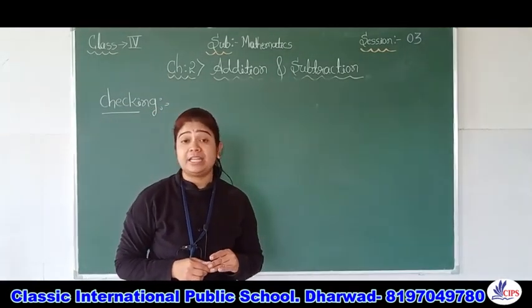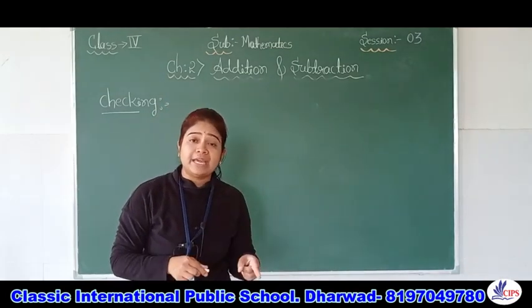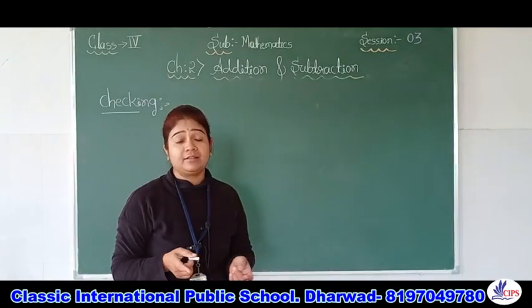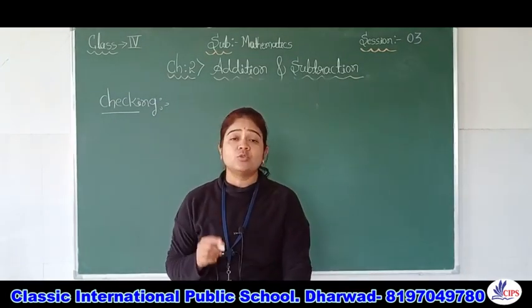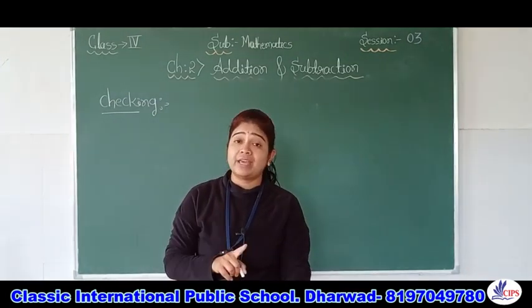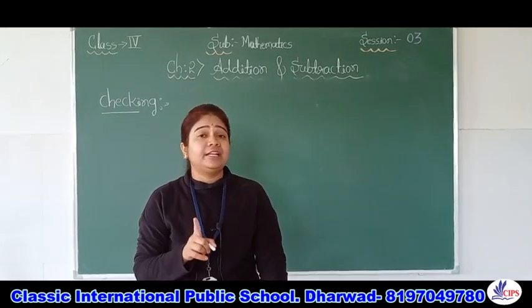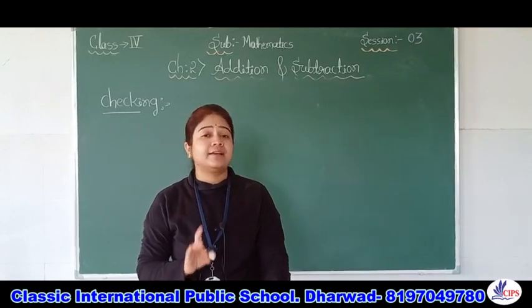That is the estimated sum. We have to compare the estimated sum with the answer we got, 39,046, the actual sum. If it is near to that, definitely the sum you did is correct.